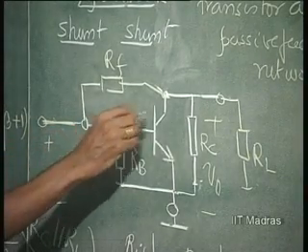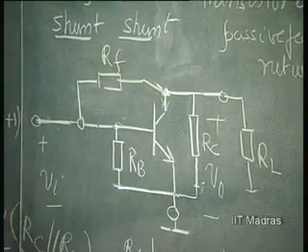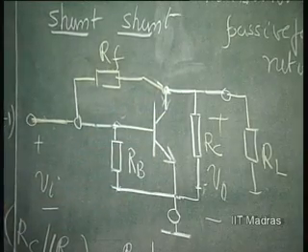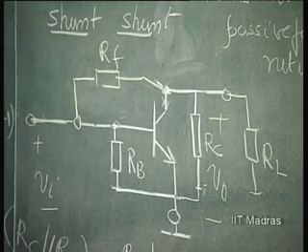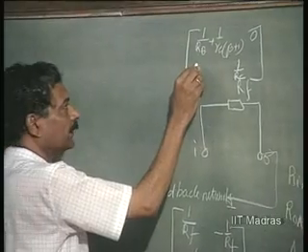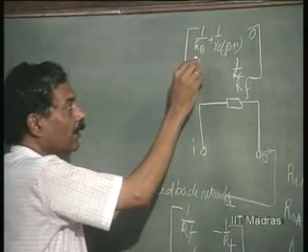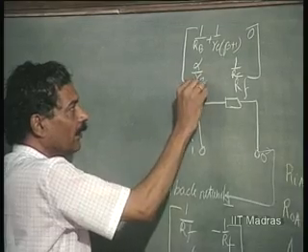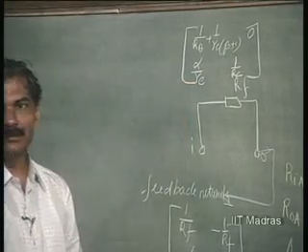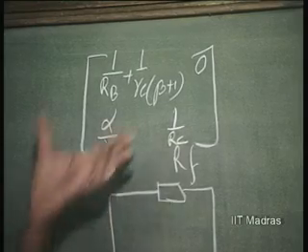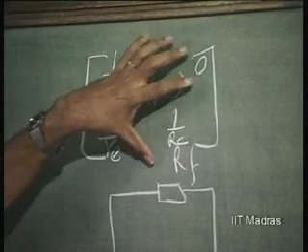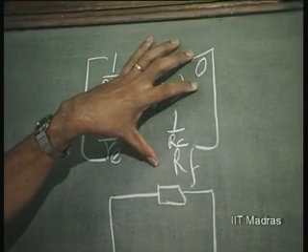If I apply VI, the output current will be flowing in this direction, so it is positive, since currents entering will always be positive. So, this is going to be plus GM, or alpha divided by RE. Is this clear? So, this is the composite Y parameter of the amplifier.